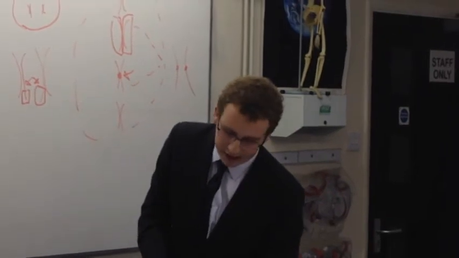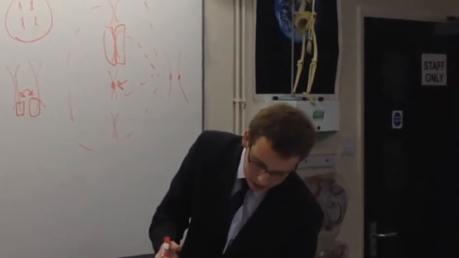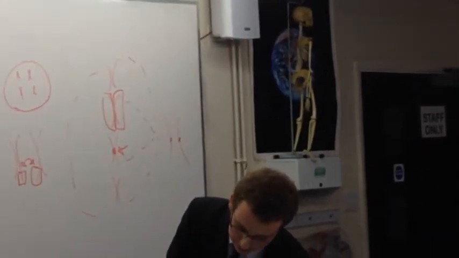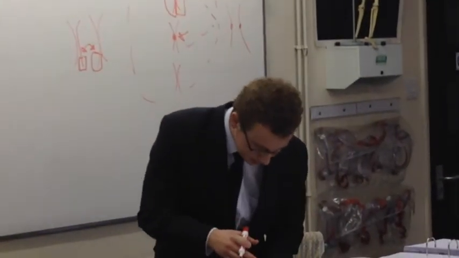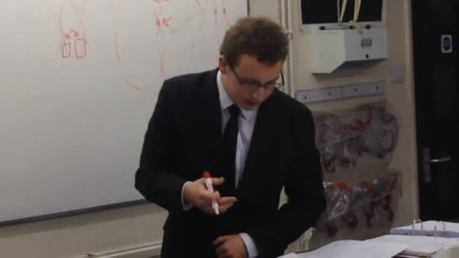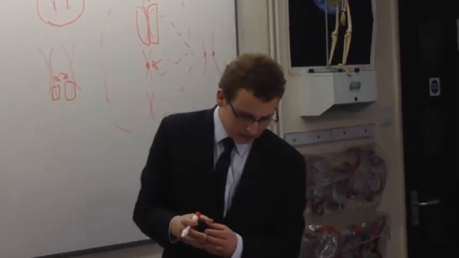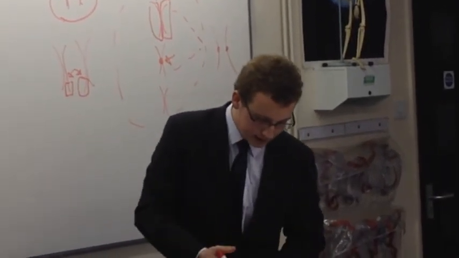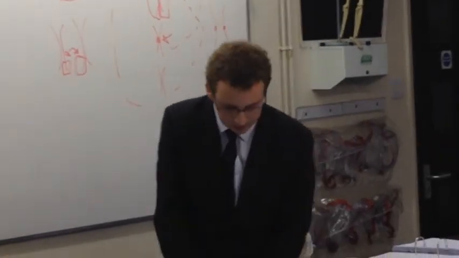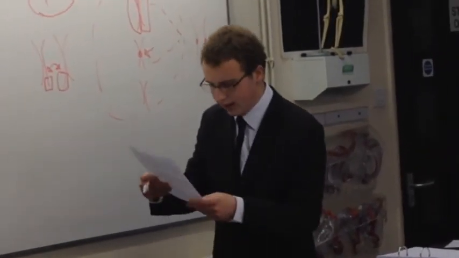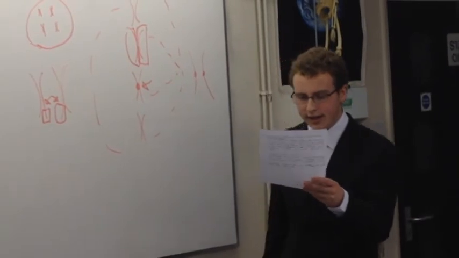In anaphase 2, the centromeres divide in this phase, and the chromatids move to the opposite ends of the cell. In telophase 2, nuclear envelopes reform and the chromosomes return to their interphase state.